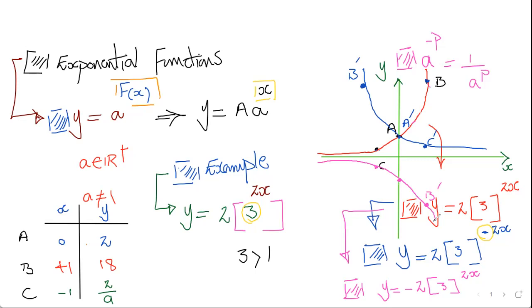You see that the pink plot represents this pink transformation. There were three typical transformation techniques that we can do on the exponential functions.